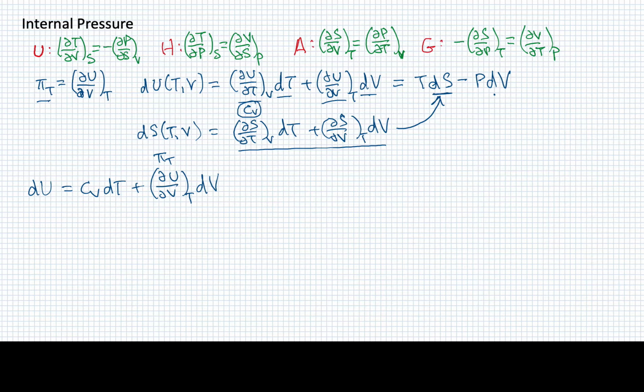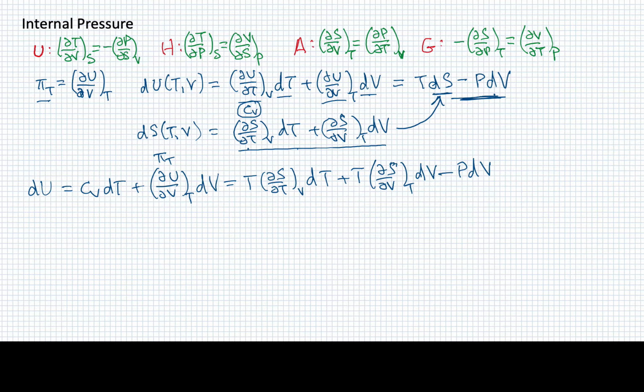Now I'll write the other side from the initial differential using our explicit expression for dS: temperature times dS/dT at constant volume dT, plus T times dS/dV at constant temperature dV, minus P dV.